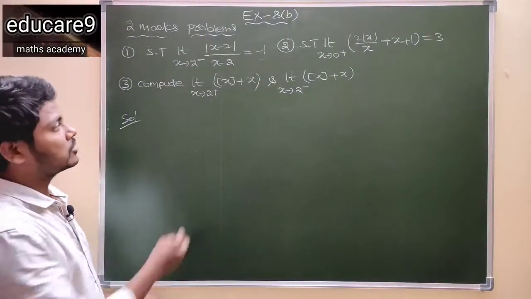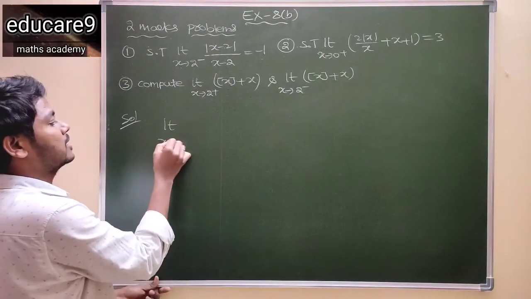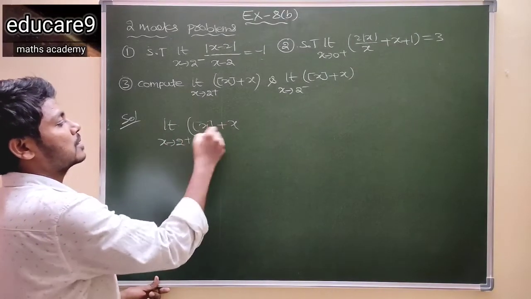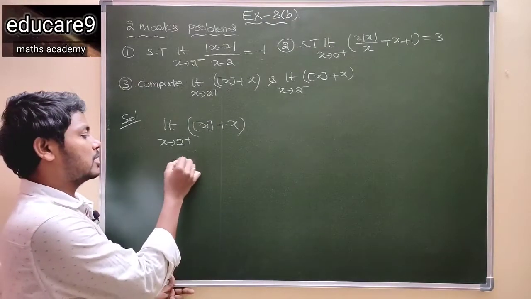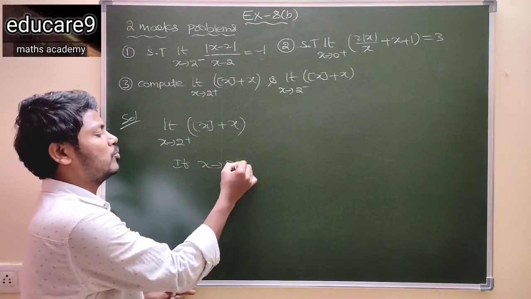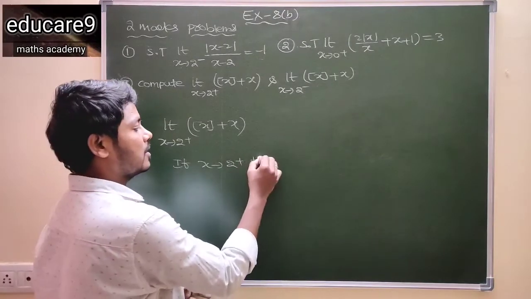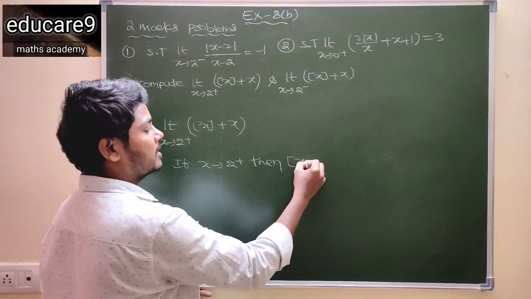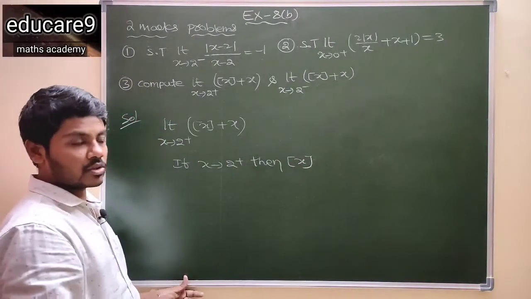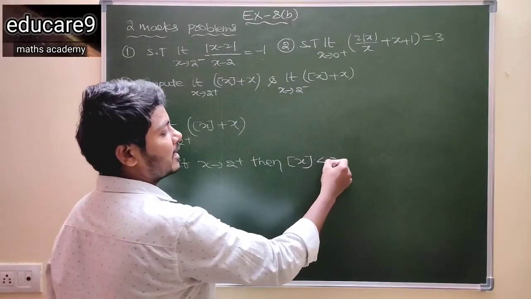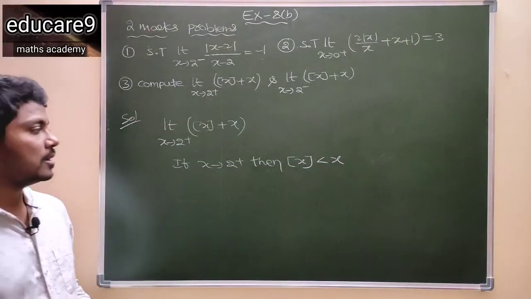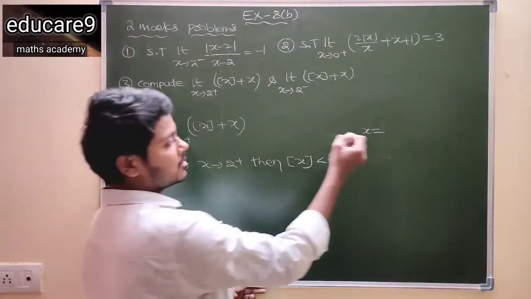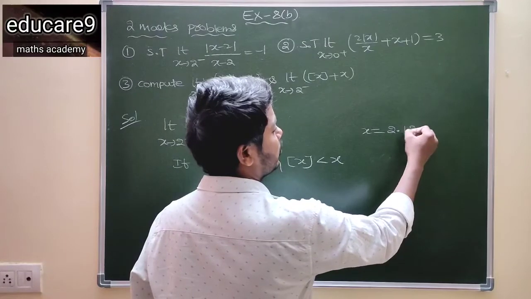Now see here, limit x tends to 2 plus step x plus x. You know that if x tends to 2 plus, then step of x value is clearly less than x. For example, x values are 2 plus, so for example 2.12.